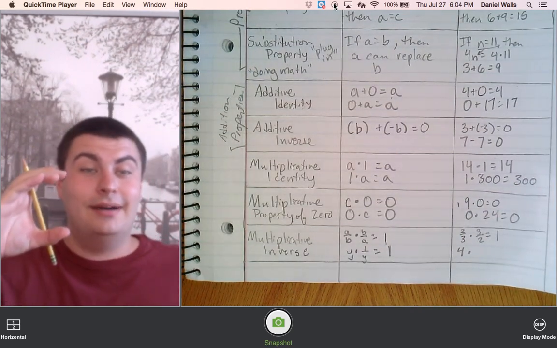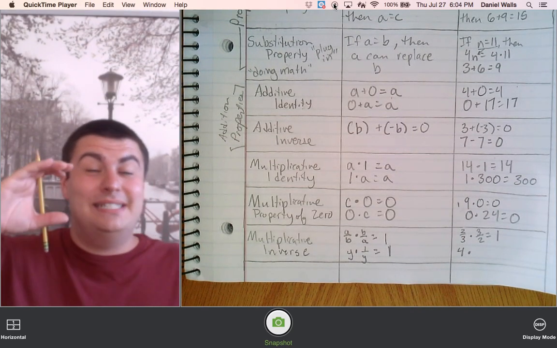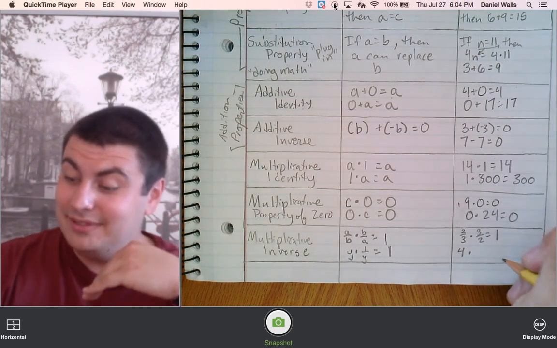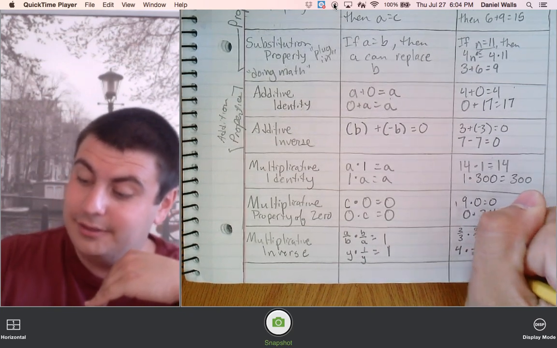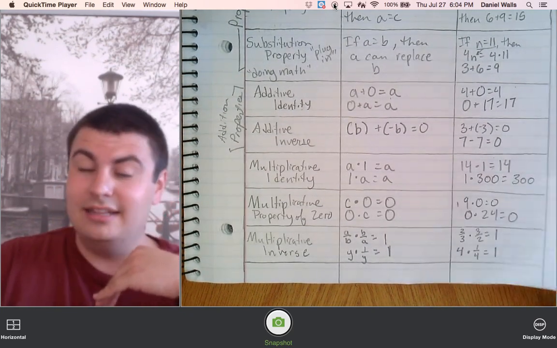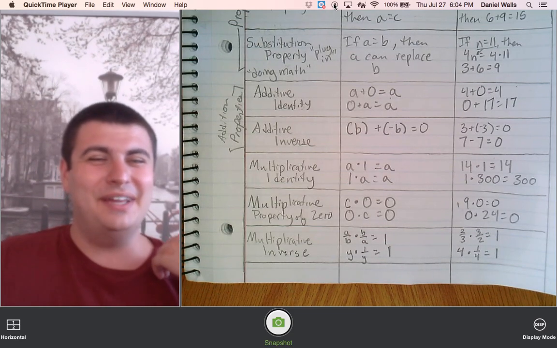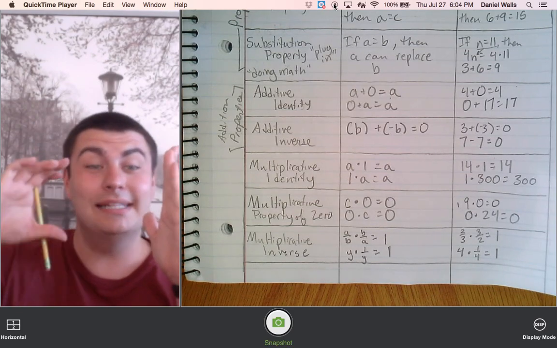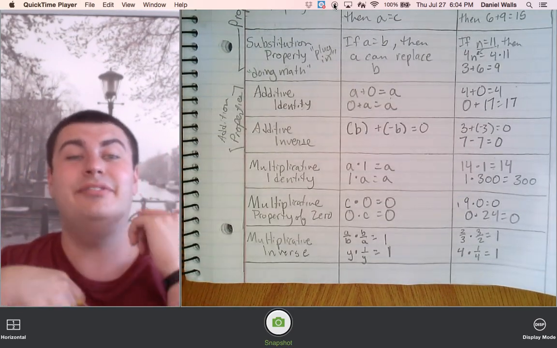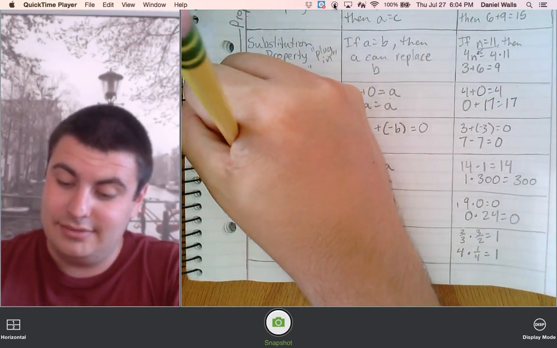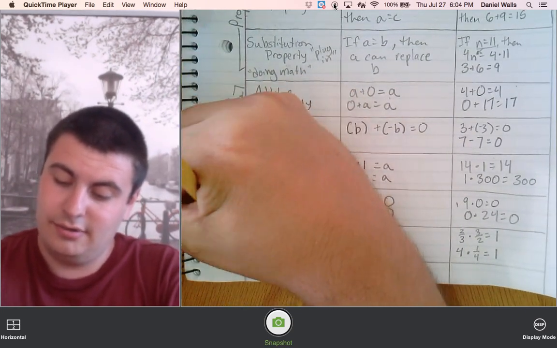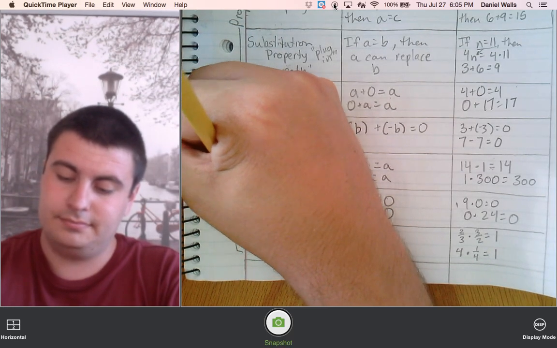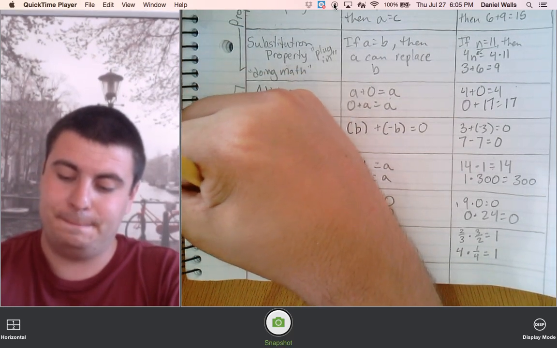If we take 4 over 1 and flip it, so then we have times 1 over 4, that'll leave us with 1. That's the multiplicative inverse. Pretty much saying that you can multiply any number by its inverse, and that'll leave you with 1. And again, these three properties here, we have the multiplication properties.